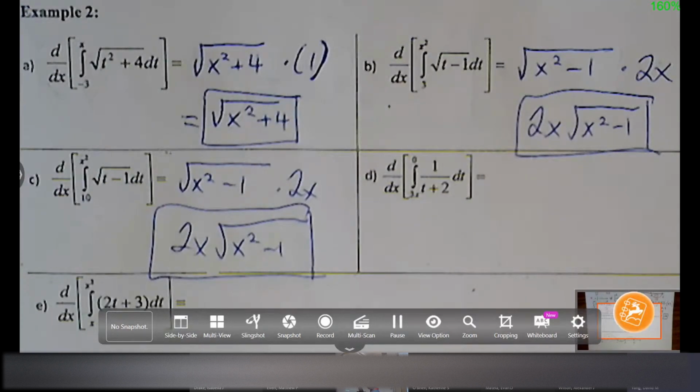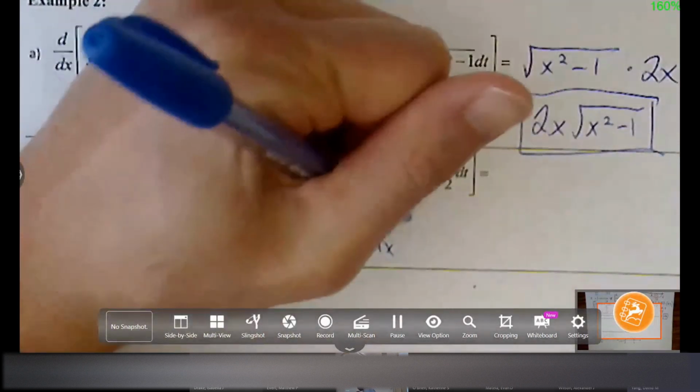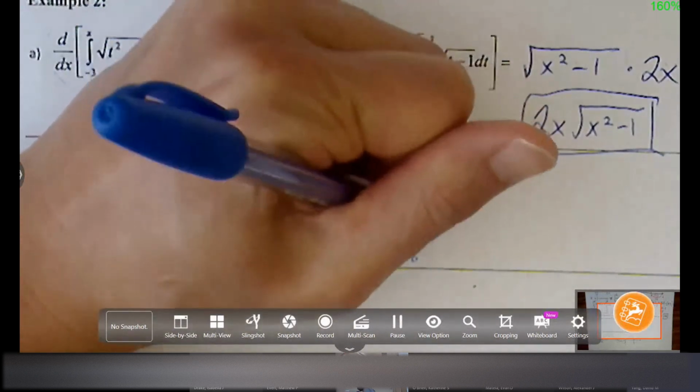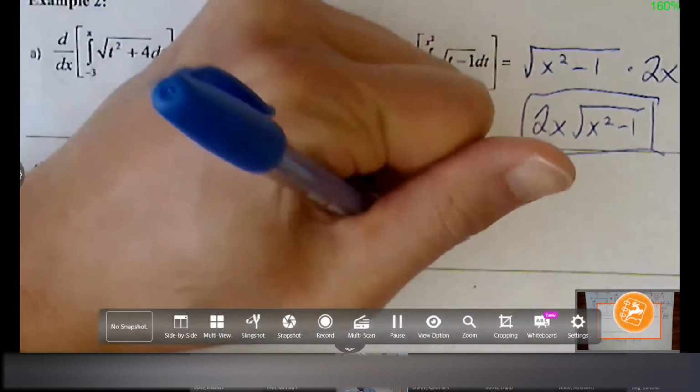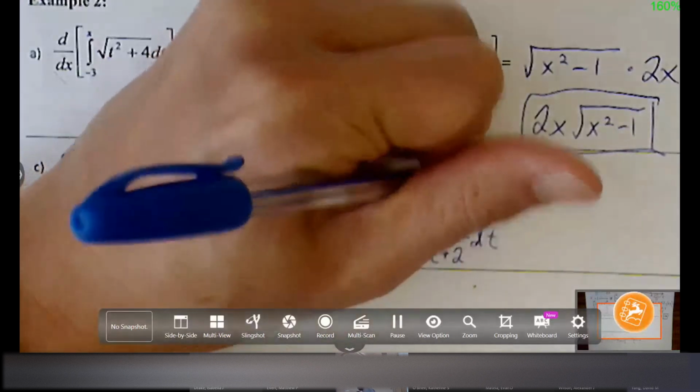Yeah, so I can flip the bounds to make it match my rule. But if I flip the bounds, I don't want to change my overall problem, so I'm going to put a negative in front. I'm just going to put a negative with the numerator. You can put it anywhere you like, but I'm just going to put it there.